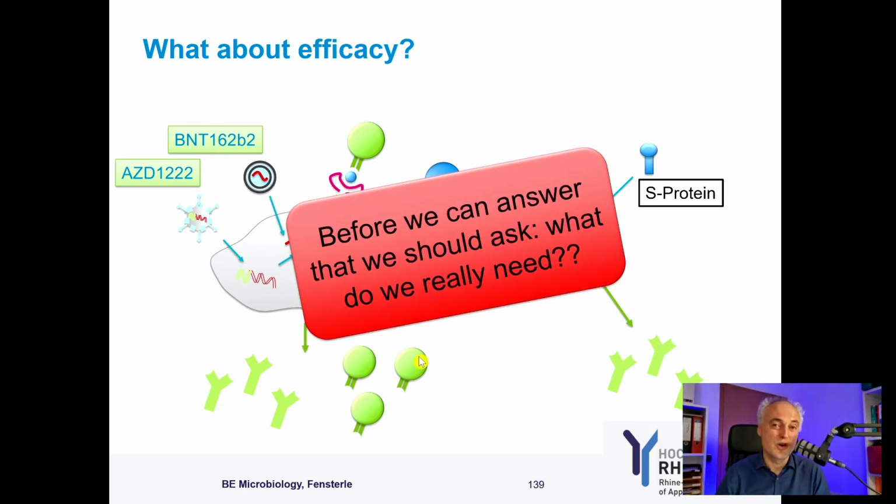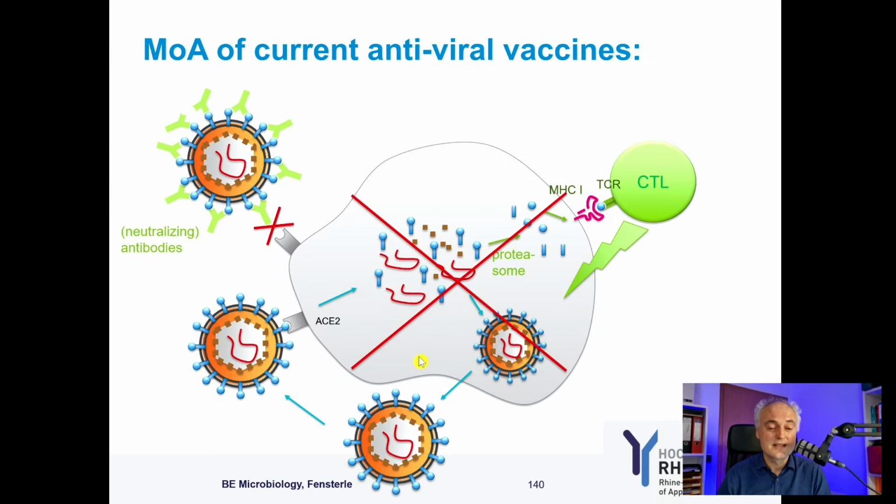And this question was already asked in the chat and already almost answered in the chat, and this is correct. So if we go back and have a look at the mode of action, we see that we have this part neutralizing antibodies and we have this part cytotoxic T cells. And indeed, if you're not yet infected, you do not have viruses within your cells.